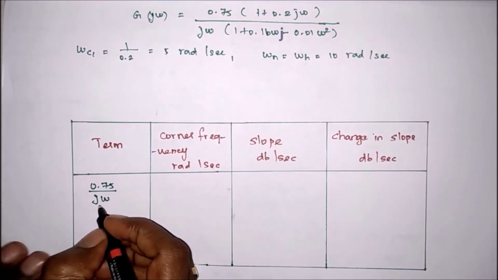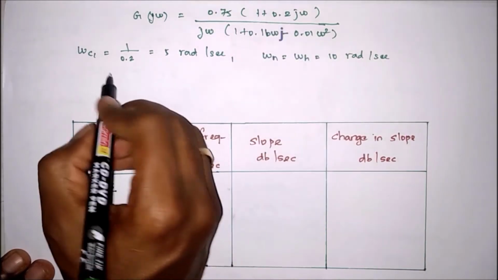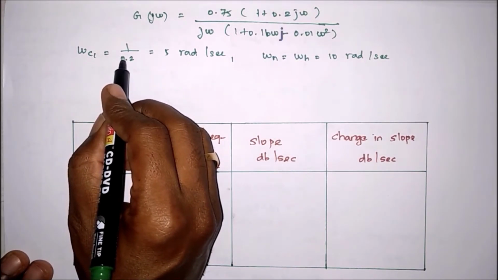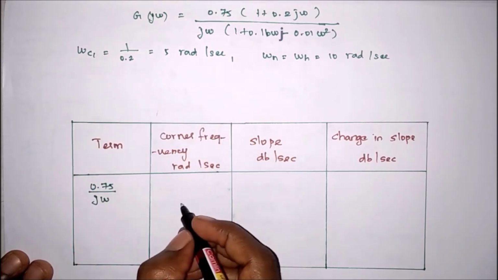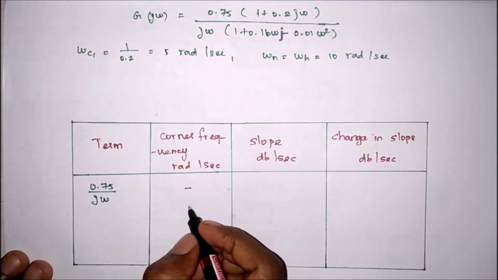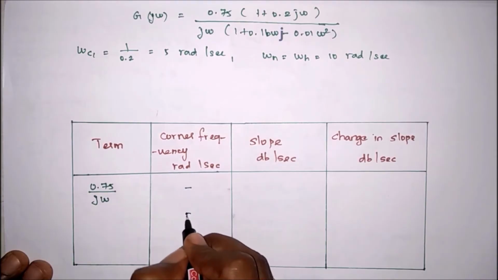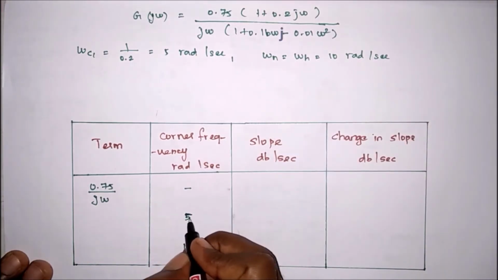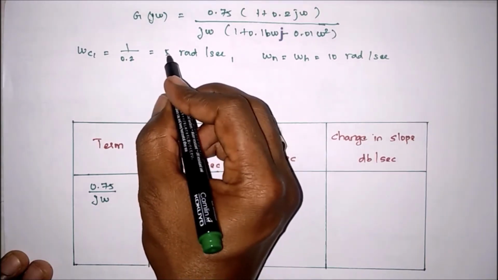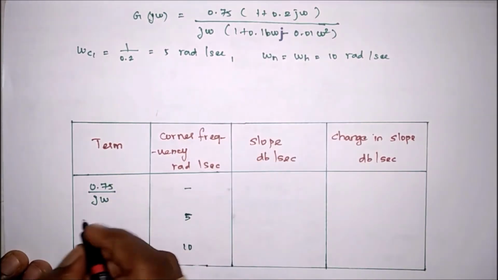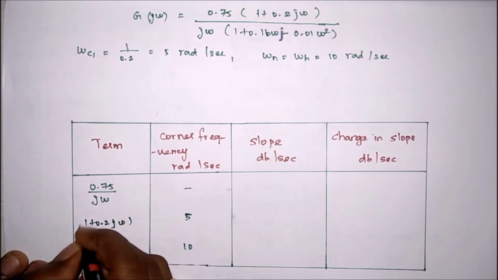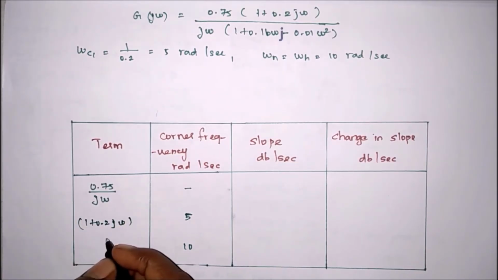This is the first term. The next terms come at the corner frequencies, which we have to consider in ascending order. For the first term there is no corner frequency, so the next corner frequency is 5 radian per second, and then 10. The corresponding term for 5 is 1 plus 0.2jω. We write this first.